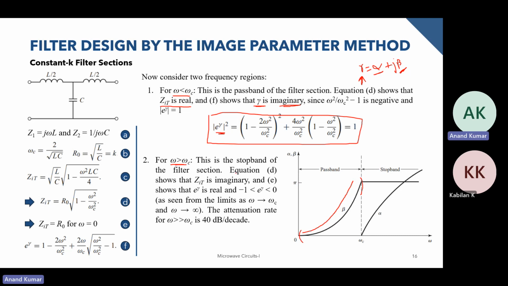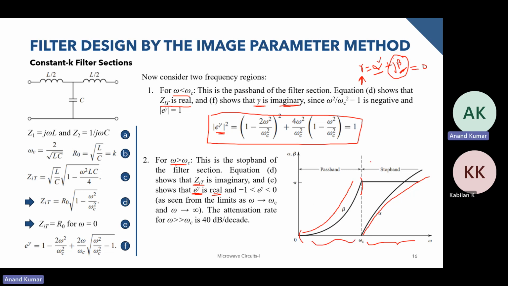And for omega greater than omega c, the Z IT becomes imaginary, and e power gamma becomes real. So when this becomes real, it implies that now we have non-zero alpha, and this propagation factor becomes zero. This becomes zero, and we can plot the alpha value. Okay, so this is the alpha value. So we have attenuation over here, and we have propagation over here.